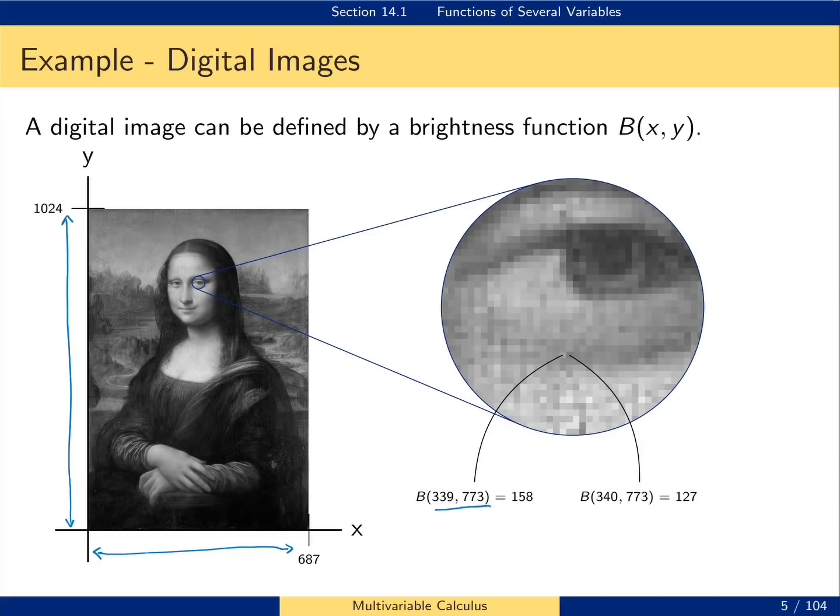At the pixel 340, 773, the value decreases to 127. Notice that this function differs from the previous 2 in another way. It is only defined at integer points. That means that any calculus we want to do on such a function will be an estimate at best, but we'll see that even estimates can give us very useful information about an image.